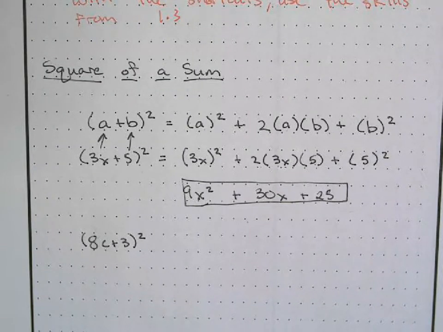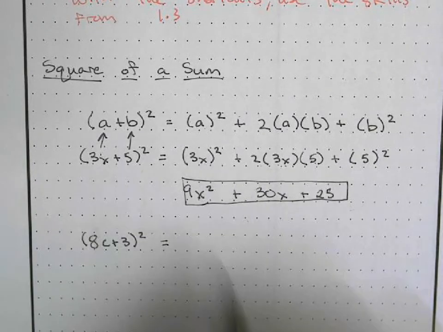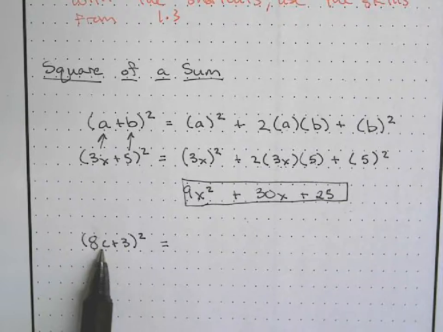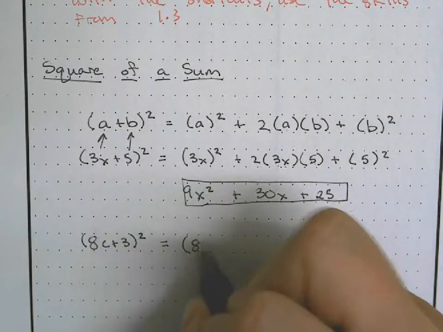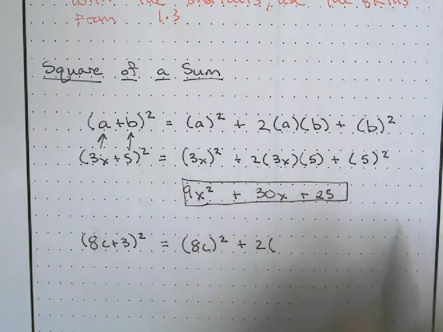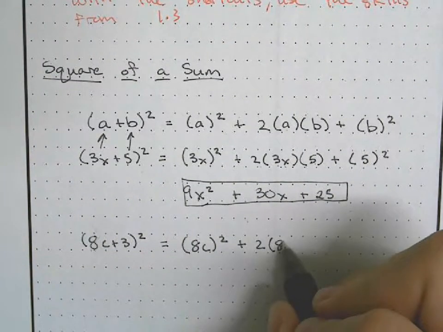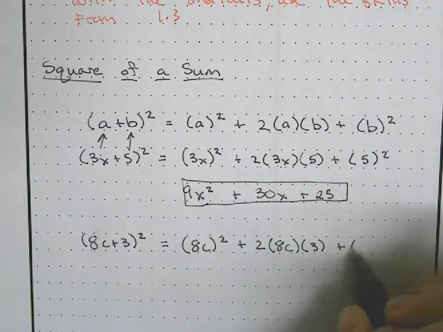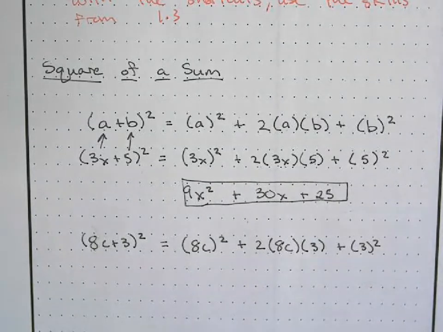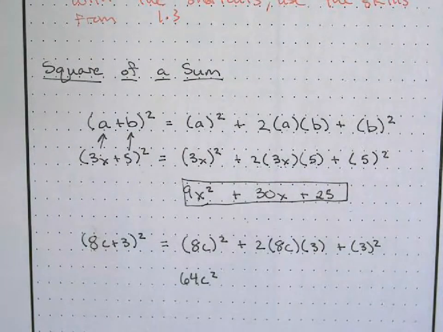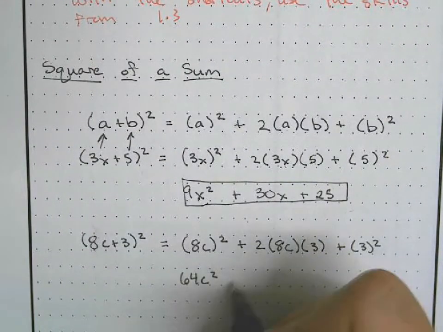So hopefully you took the opportunity to try this on your own. But let's go through it real quick. I take my a term, that's going to be the 8c, that first one. I take 8c, I square that, and I go plus 2 times my 8c, my a term again, times my b term, the 3, plus my b term squared, and then we simplify. 8c times 8c would be 64c squared, multiplying these two together.